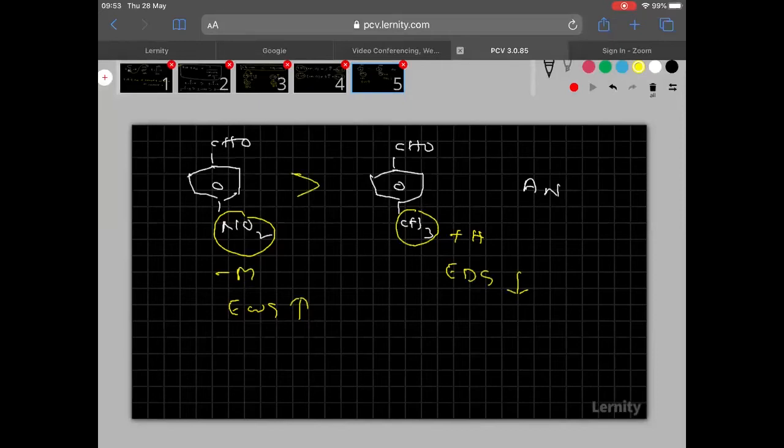Therefore, the first one has more rate than the second one towards nucleophilic addition. Is it clear, everyone?